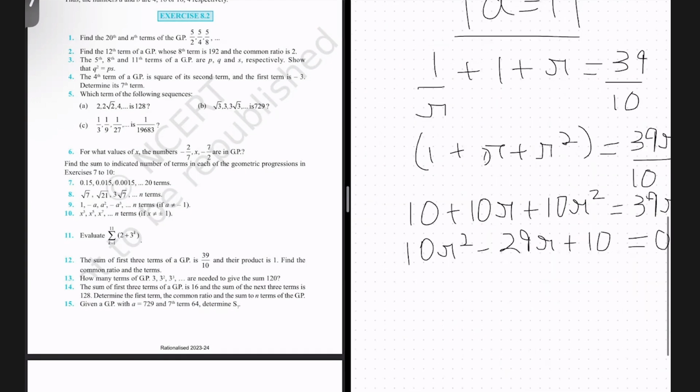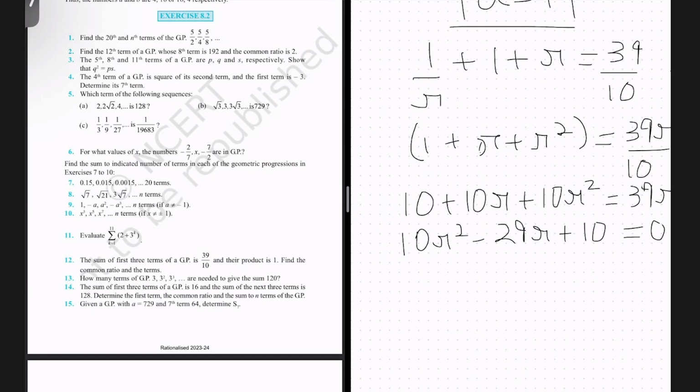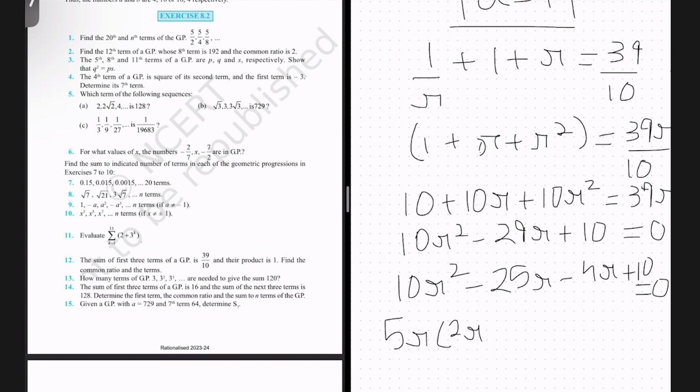Now, to find the roots of this equation, 100 can be expressed as 25 into 4. So let us split minus 29R into minus 25R and minus 4R, right? So what you obtain is 10R square minus 25R minus 4R plus 10 equals 0. Taking 5R common, what is left is 2R minus 5.